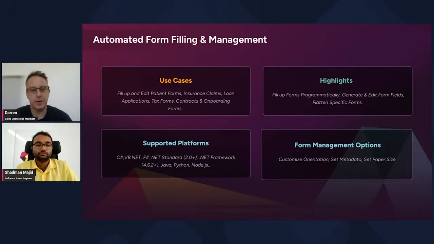All of that can be done programmatically with IronPDF. So you take the data and it updates the form, and it's done almost instantly, saves you time and effort, and it's all done without any mistakes.